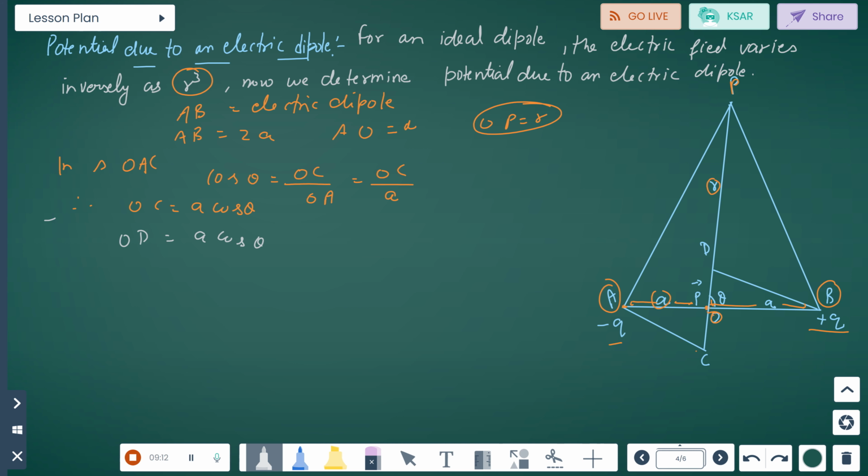If R is greater than A, we have PA approximately equal to PC, which equals OP plus OC.